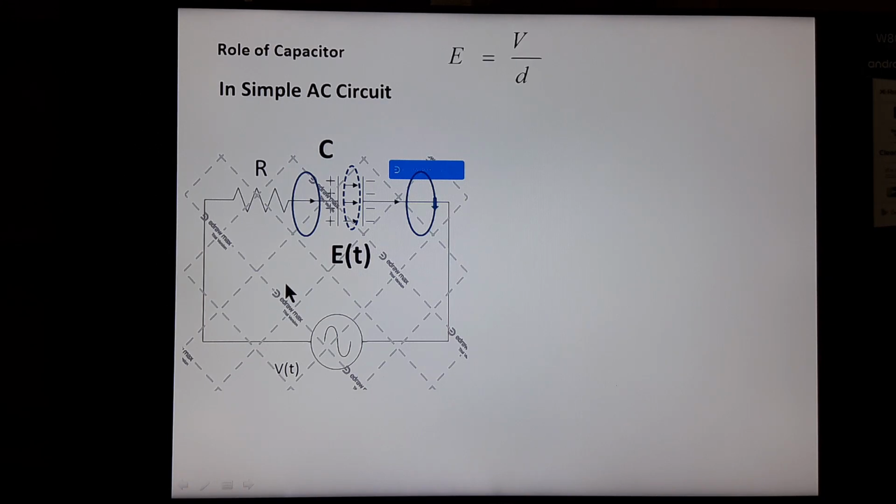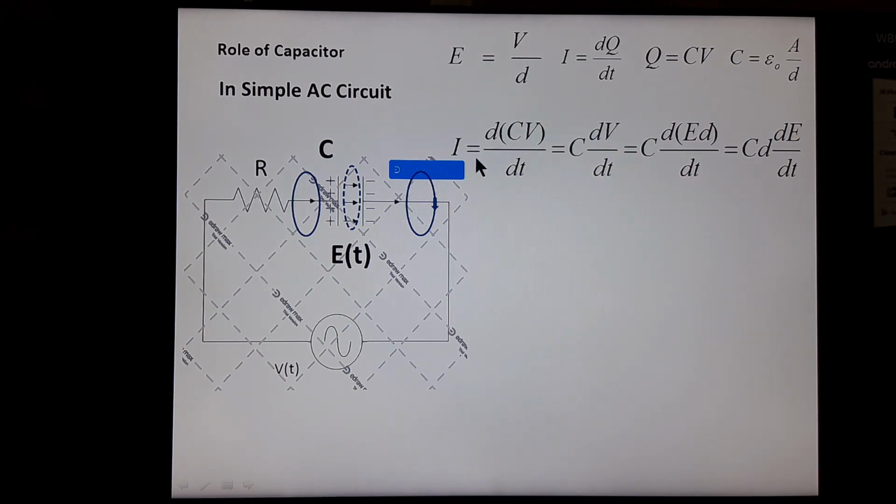The voltage divided by distance is the electric field inside the capacitor plate, and I is the current, that is dq by dt through the capacitor, where q is the charge accumulated on a capacitor plate. The capacitance may be calculated from the relation epsilon naught A by d, where A is the cross-sectional area of the capacitor plate and d is the separation between the two plates.